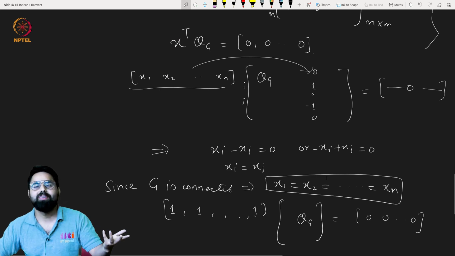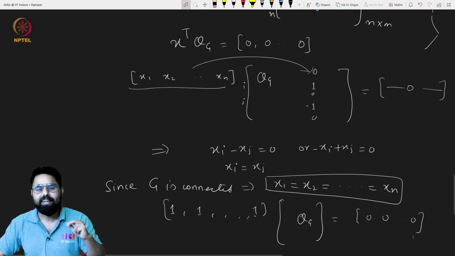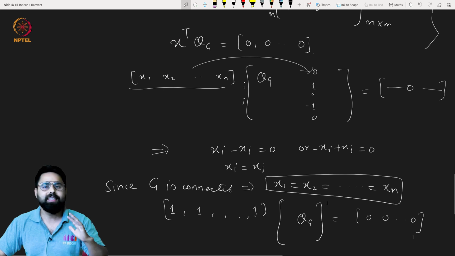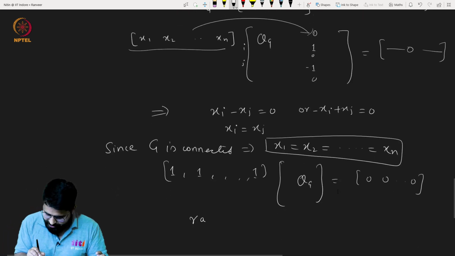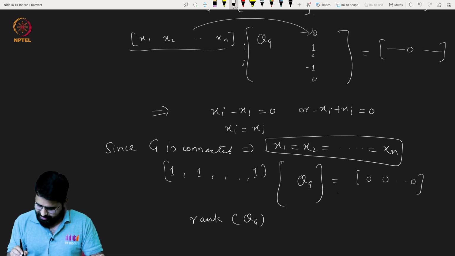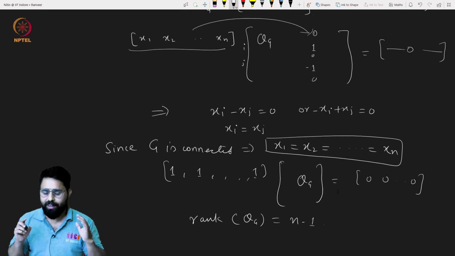So the all one vector is in the null space of this, right? So that means the rank of QG, now we have established that the rank of QG is n minus 1.